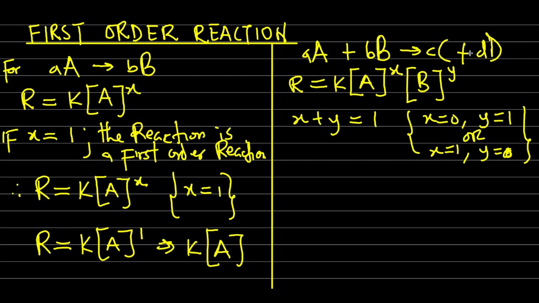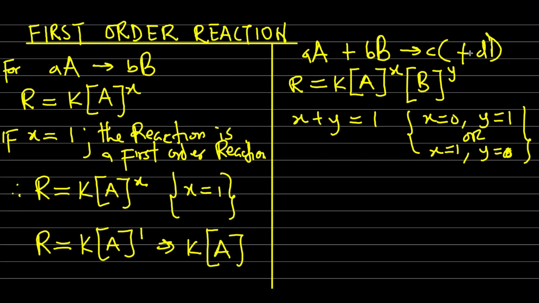They can give you a reaction that has 3 reactants, and then you're asked to write the rate law. First, rate law is written for just the reactants, not the product.